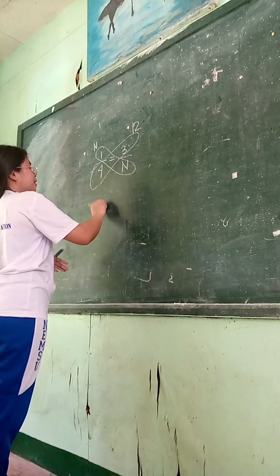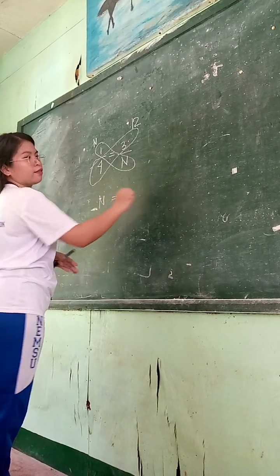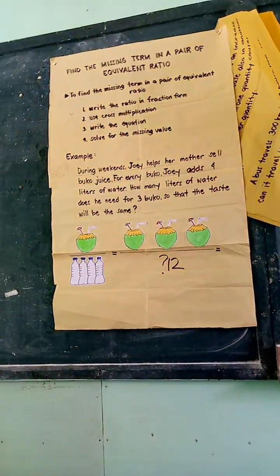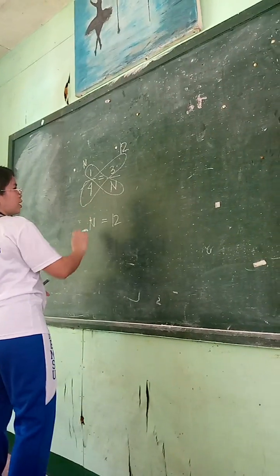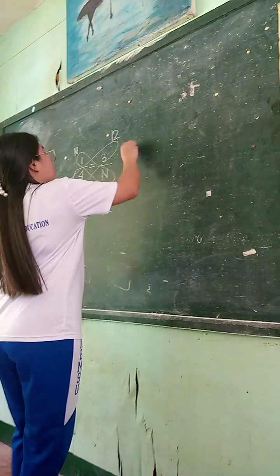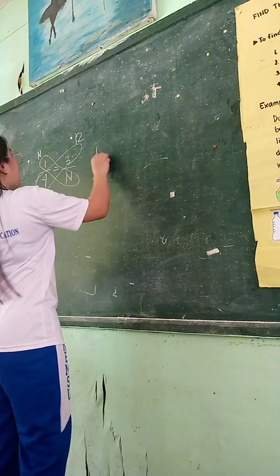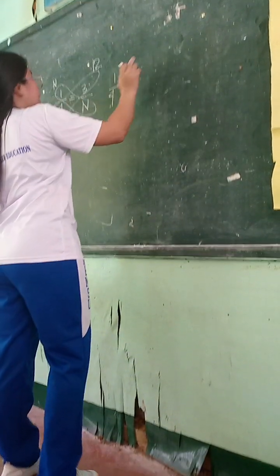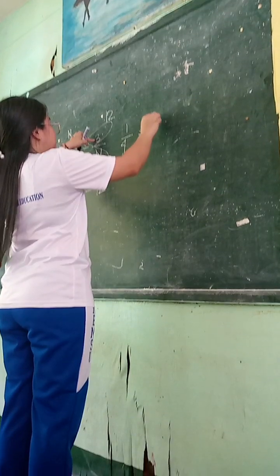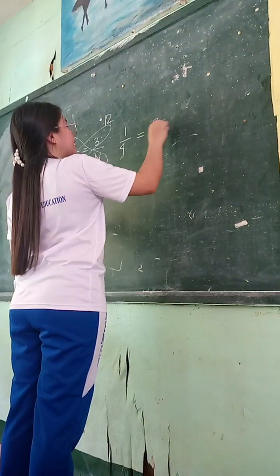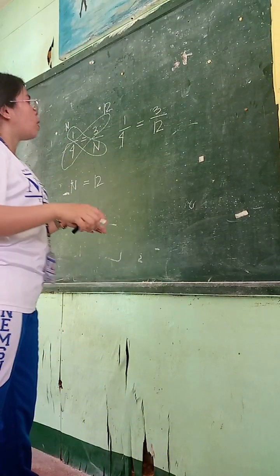So n is equal to 12. So the answer here is 12. So 1 is to 4 is equal to 3 over 12.